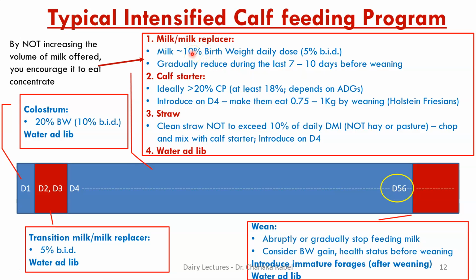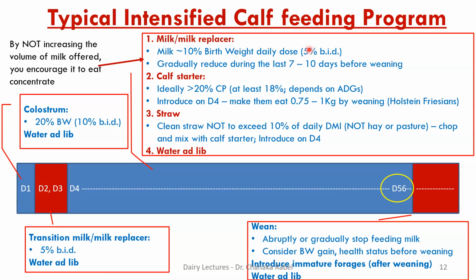So if you give 5% twice a day, you make it 3% for 3 days, and then you make it 2%. Let's say right now for a 40 kilogram calf, you're giving 2 liters twice a day. Either you can make it 1 liter twice a day, or first you make it 2 liters once a day, or you can make it 1 liter twice a day, and then do 1 liter once a day.